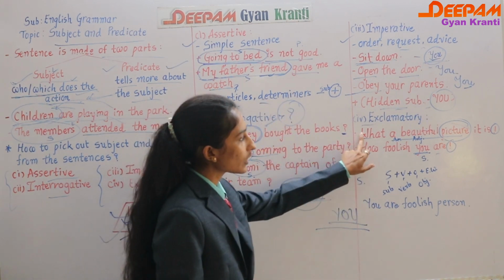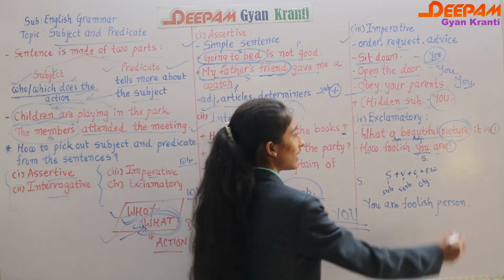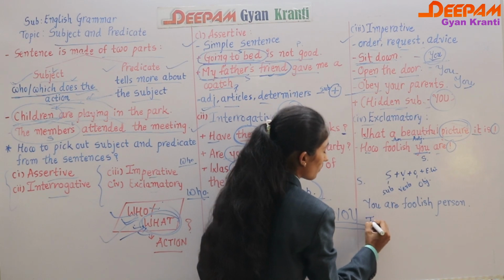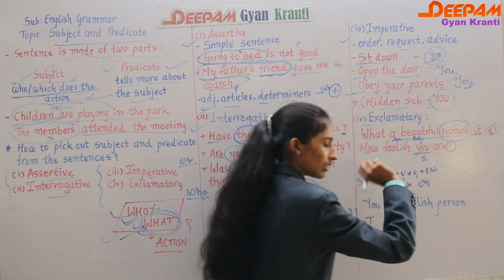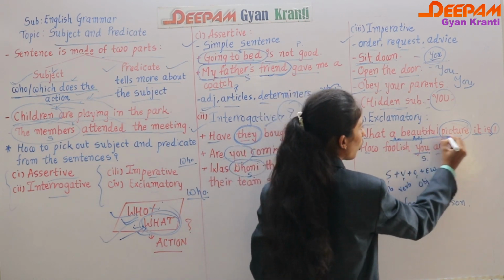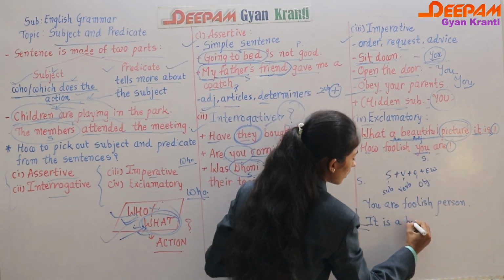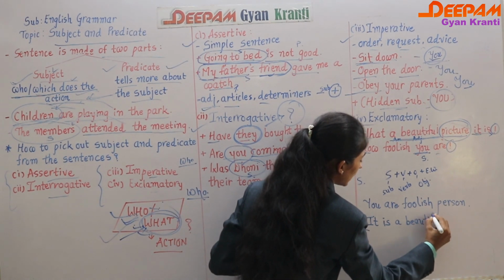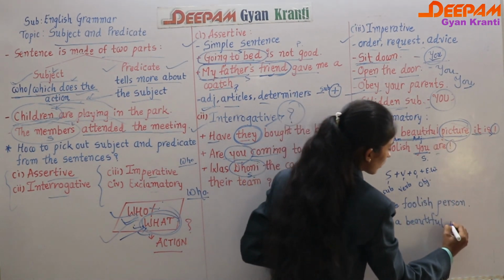Now see, what a beautiful picture it is. So again I will start. You have to start from behind. So it is, then see, the whole subject comes: a beautiful, it is a beautiful picture.